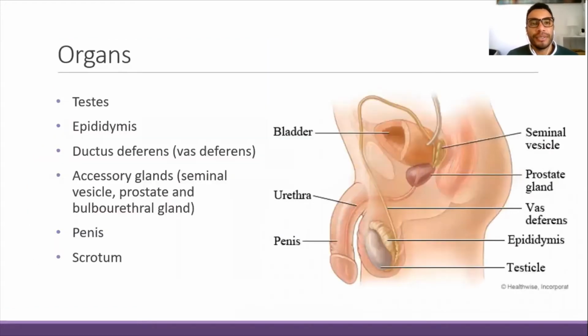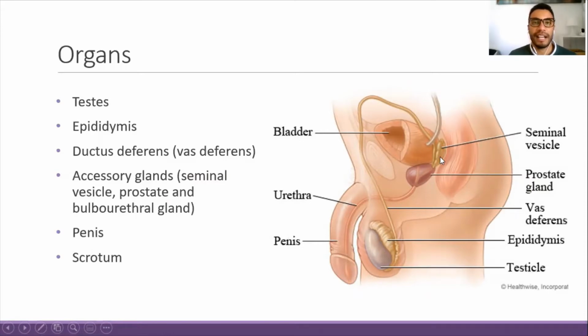Let's go through the main organs that compose the male reproductive system. So we have the testes, located inside the scrotum, the epididymis, and the ductus deferens, this tube that you see here that goes till you see the accessory glands.